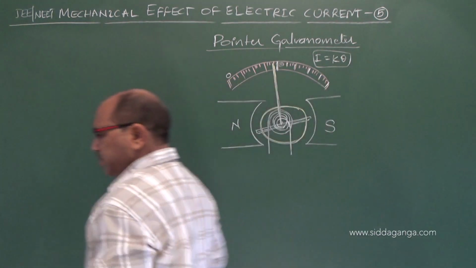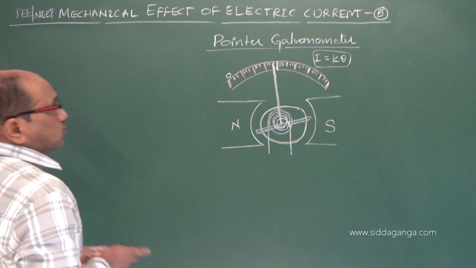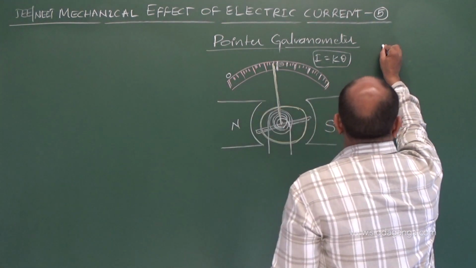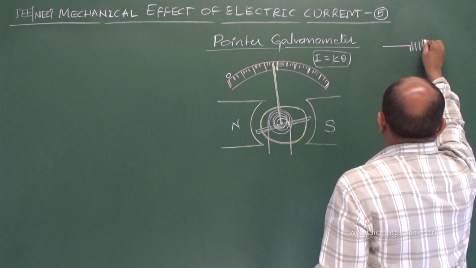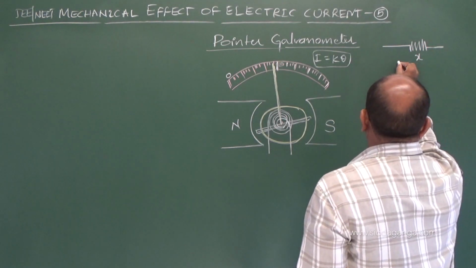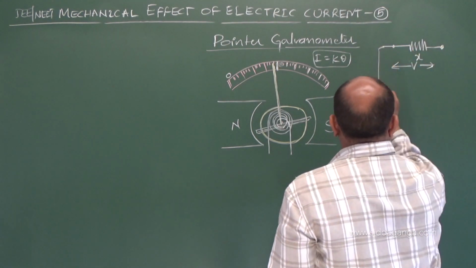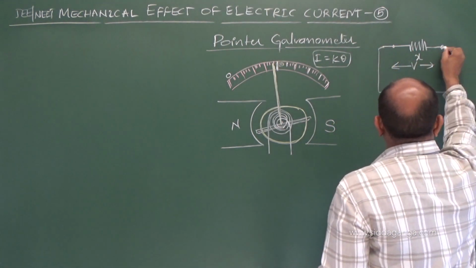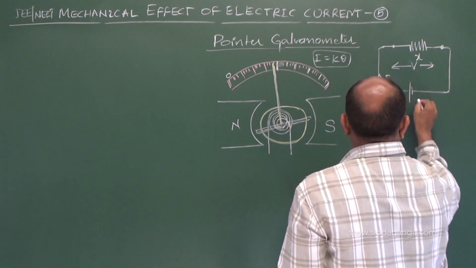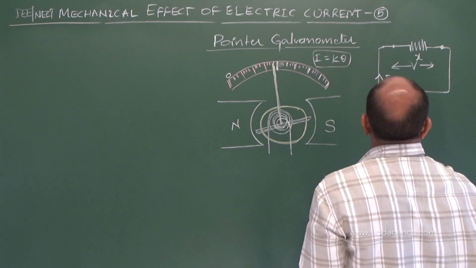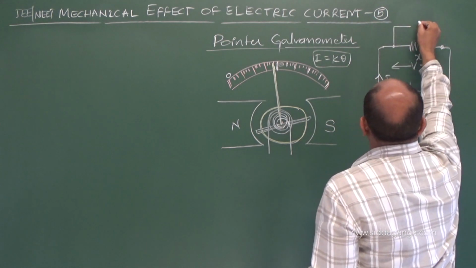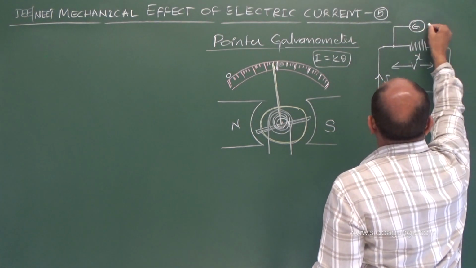So now we have a galvanometer, and there is a resistance X across which you want to measure the voltage. This is the circuit which carries the current I, the supply voltage is V, and here we connected a galvanometer to measure that.